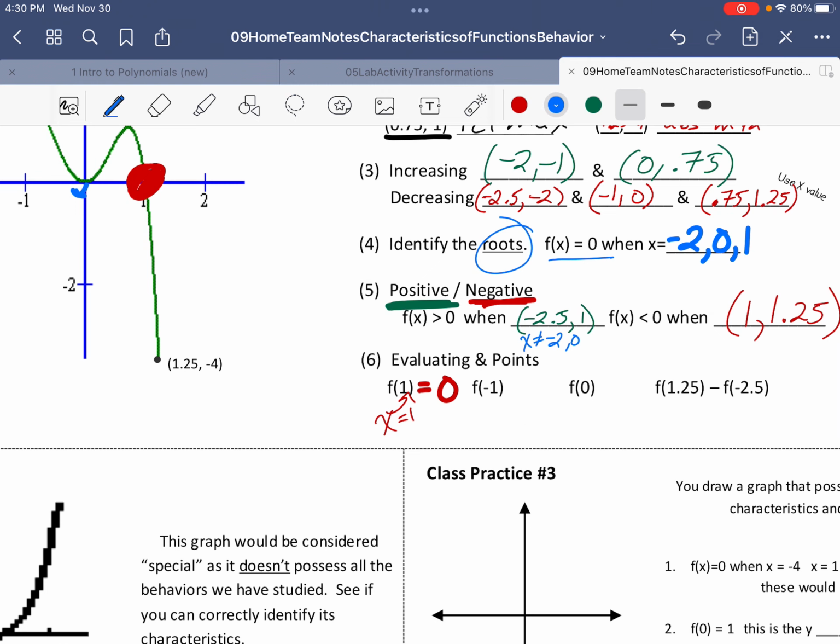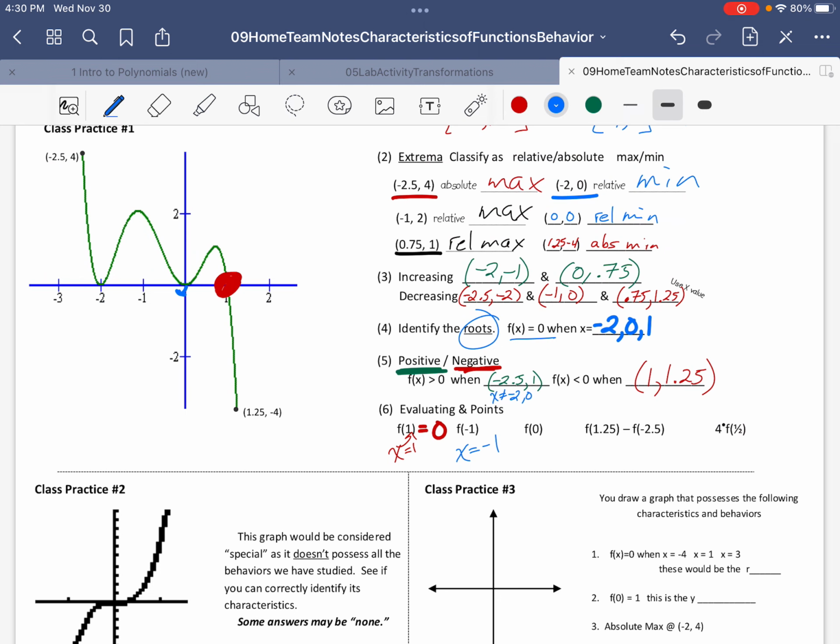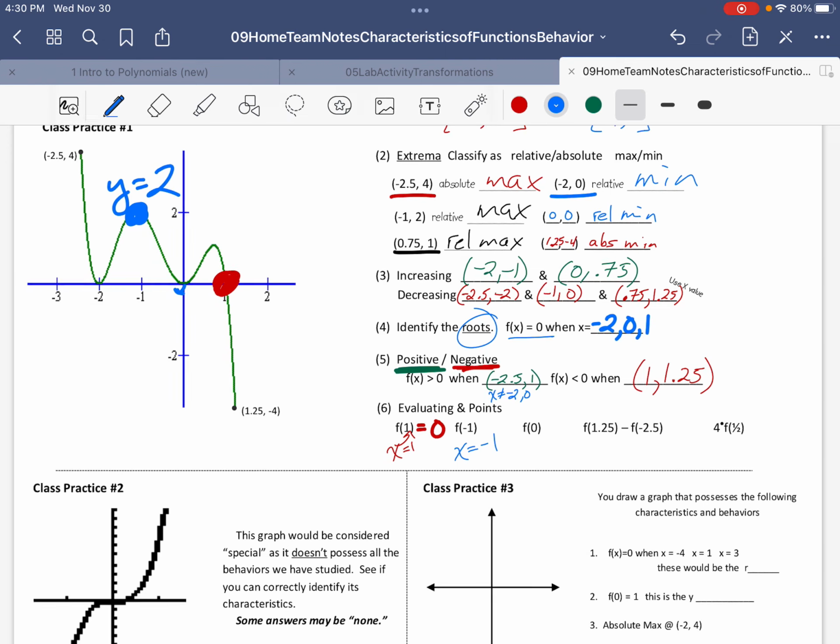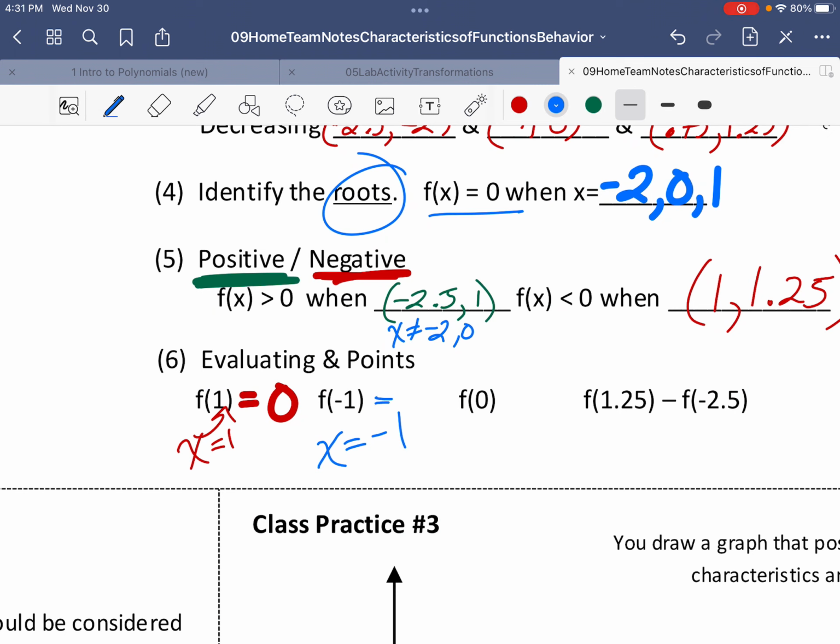How about x equals negative 1? X equals negative 1 would be right here at this blue dot. I just need to give the y value, and the y value right there is definitely 2. So that means f of negative 1 equals 2.